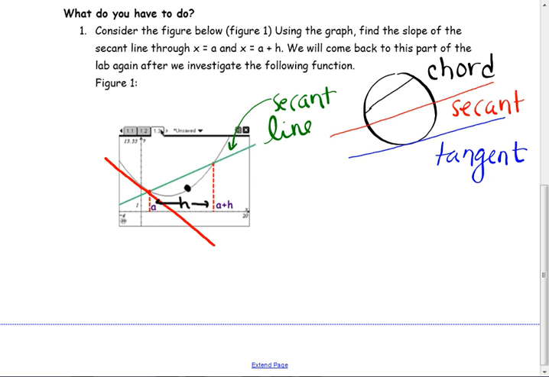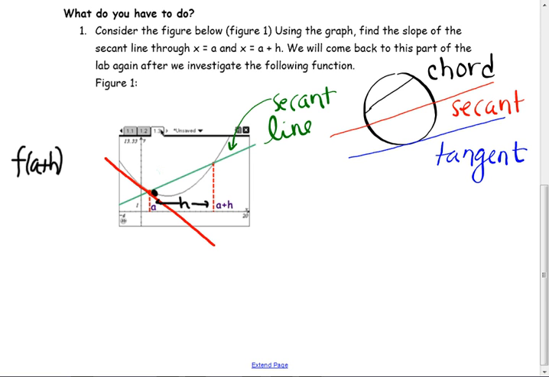That's your throat. Okay. And I'm going to drag it closer and closer until the points are almost on top of each other. So if I did f of a plus h minus f of a, that's the difference in the y values. The difference in the x values is a plus h minus a.